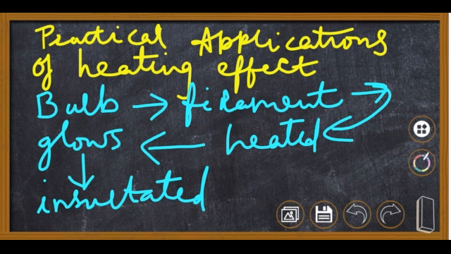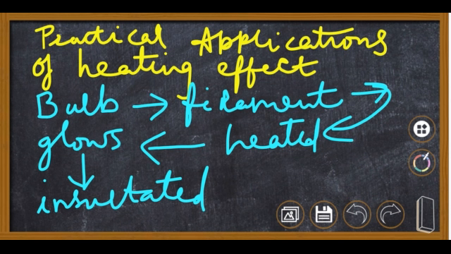Now this filament has to be very well insulated. Why? Because the heat should not be lost. Otherwise the filament will get heated, and the air outside the filament will get heated, then the glass of the bulb will get heated and that will also crack.